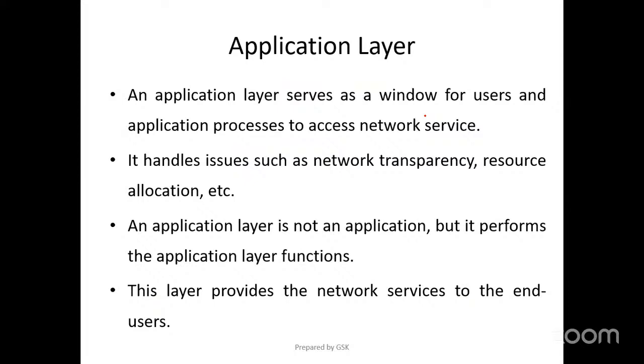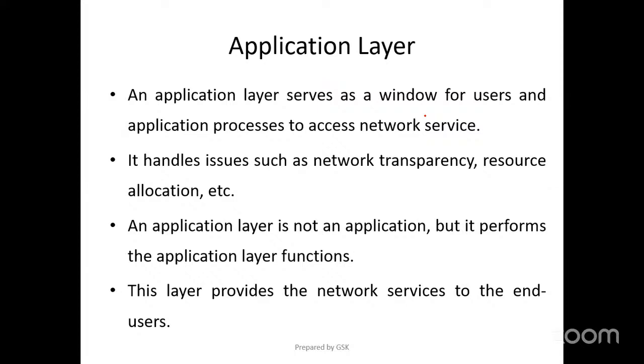The next and last layer in the OSI model is the application layer, layer 7 or L7 simply. An application layer serves as a window for users and application processes to access network services.